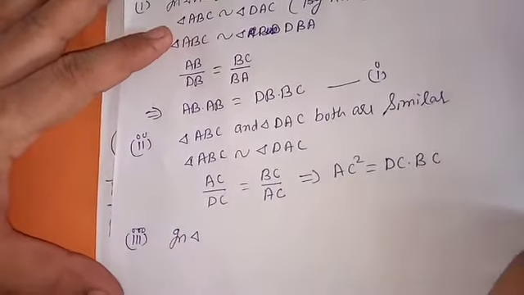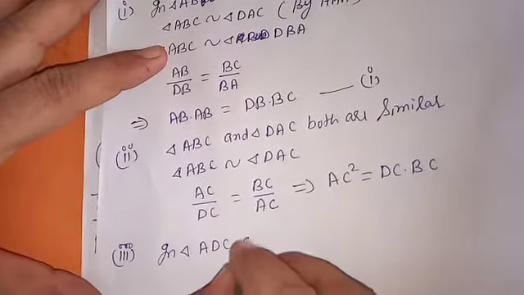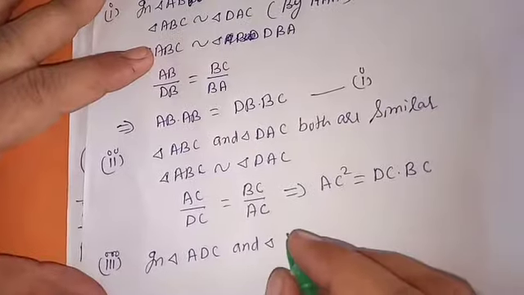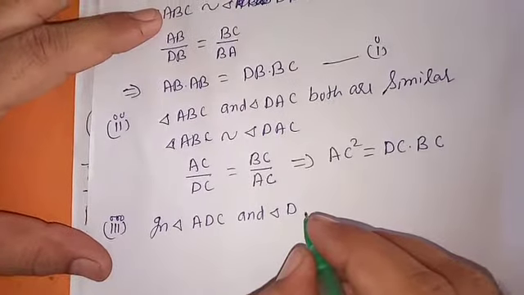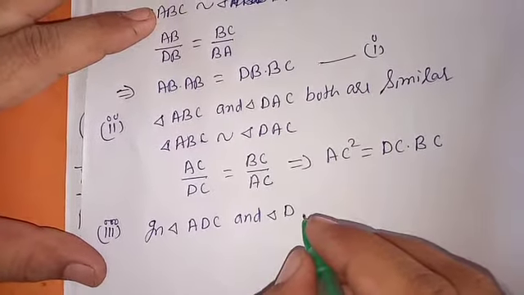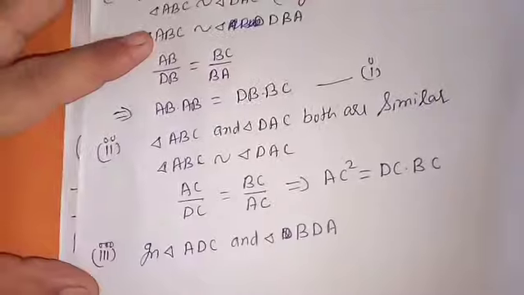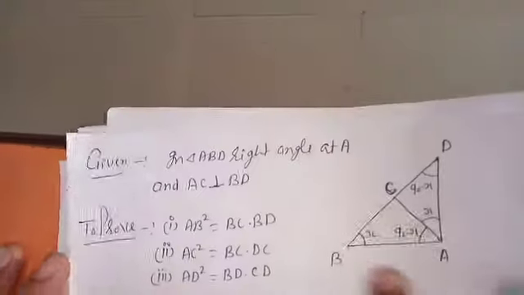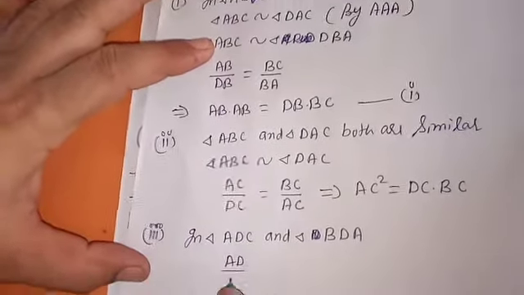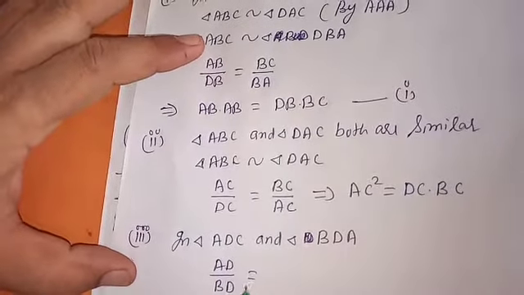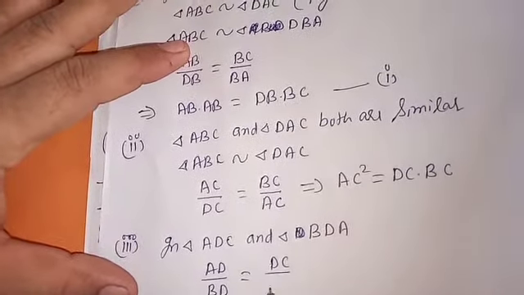Third part, in triangle ADC and triangle BDA, this complete triangle we have to take. AD by BD is equal to DC by AD.